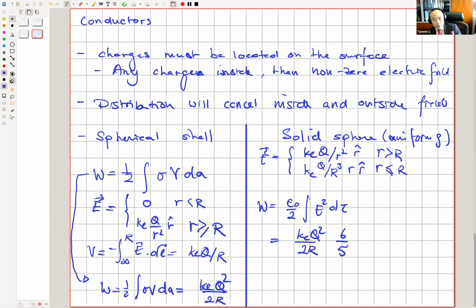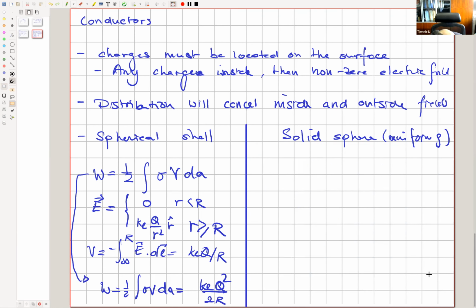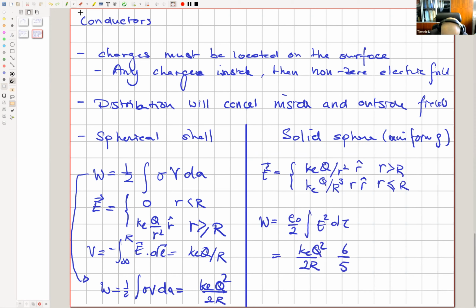Okay, and so what we see here, if we look at these two calculations, if I compare this one here on the left, the answer, to the one here on the right, we see that it costs more energy.